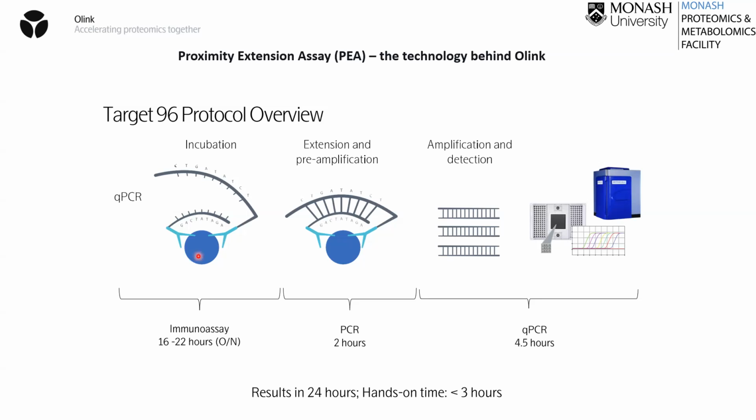Each probe has a DNA tag, and the DNA tags will only be able to be amplified by PCR when they are in close proximity. In this workflow, there's a pre-amplification by PCR, but the actual quantification is done by qPCR.